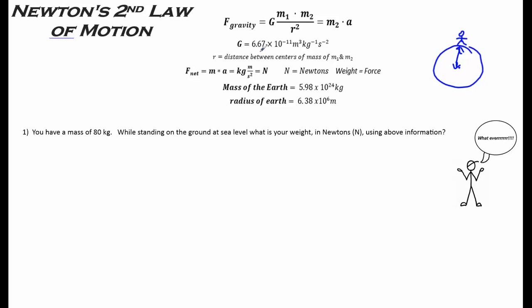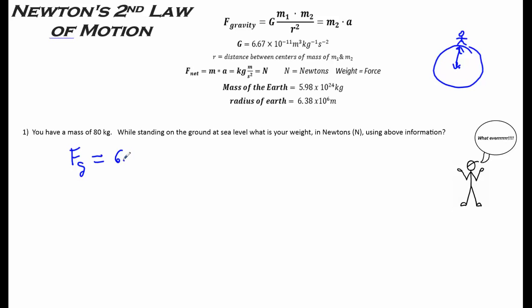It's constant. So let's look and see what is the force of gravity on an 80 kilogram human. A human who's got a mass of 80 kilograms. Let's see what the gravitational force of the Earth on that person is. And so we're going to use this equation that we've got right up here, and we have the force of gravity is equal to the gravitational constant.